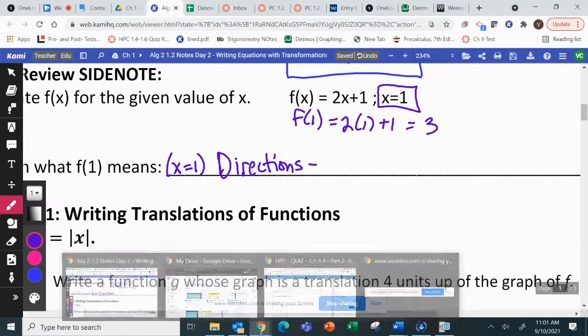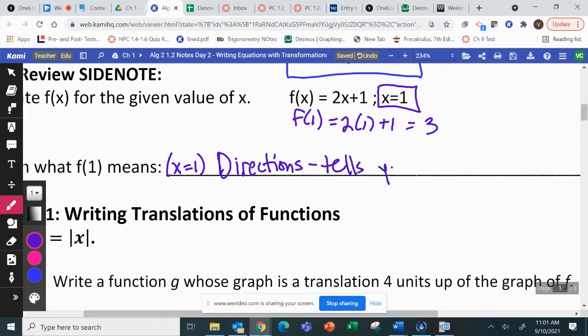It tells you to replace all x's with parenthesis 1. So that was the only thing that you didn't say to me, the parenthesis part. And like I said, that parenthesis is going to help you make less mistakes.